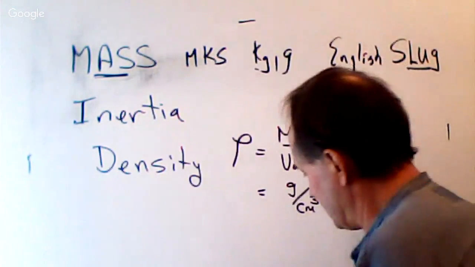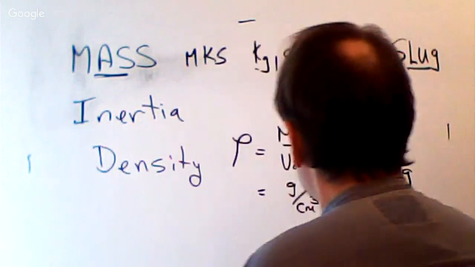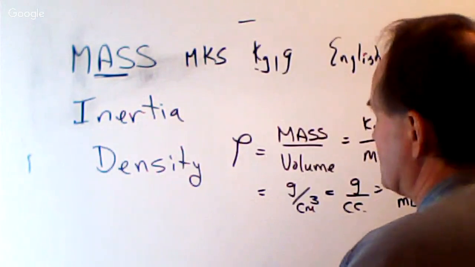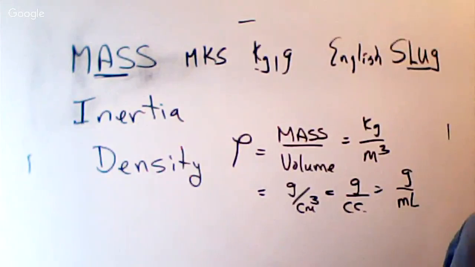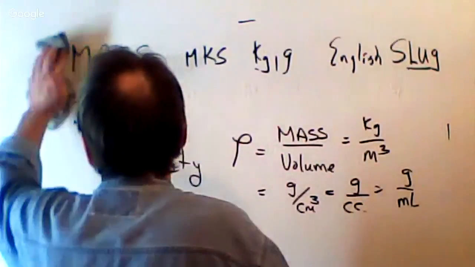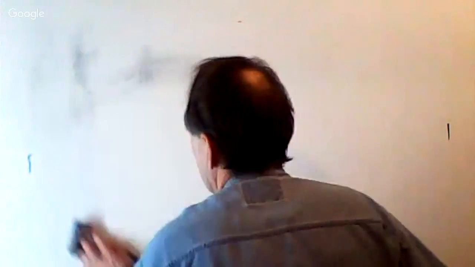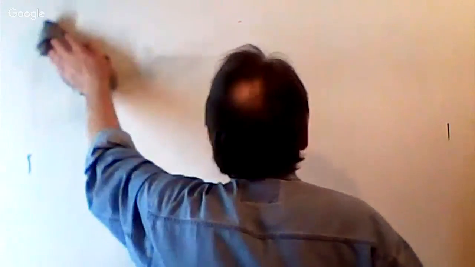It is a figure of merit that basically tells us the compactness, or how matter is concentrated in a volume. The densest natural known material on Earth is osmium, the element osmium. Gold is very close to it, and so is tungsten, very close to the density of osmium.